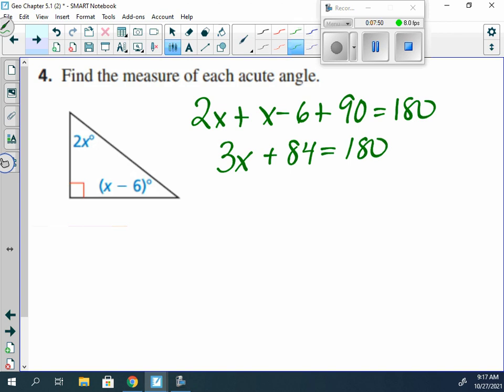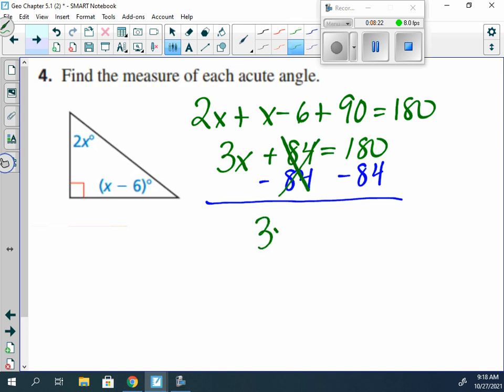Since we do have like terms on the same side of the equal sign, we can go on and combine them. 2x plus x, negative 6 plus 90. And then we can subtract 84 from both sides. We wouldn't do anything with the 3x because are all the x's on the same side of the equal sign? Well, yes, so we're going to try to move everything else to the other side. 84 minus 84 is 0.